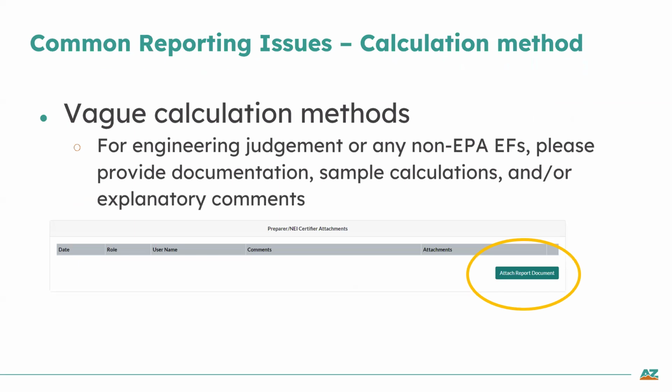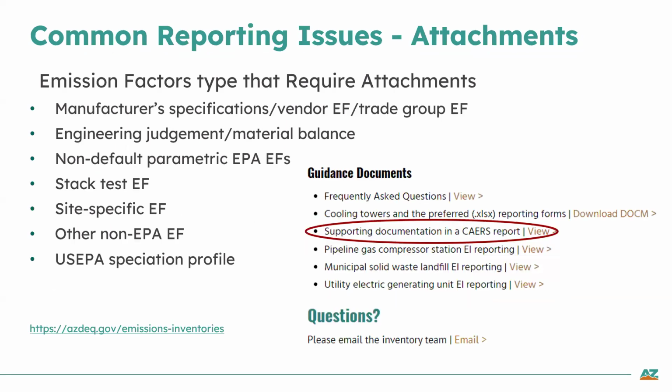Any calculation method other than CEMS and AP-42 should have supporting documentation. If you're unsure what documentation to provide, we have prepared a guidance document to identify the documentation needed for each calculation method. This documentation can be found on our emissions inventory website. Check out our emissions inventory website to learn more about the required documentation for each calculation method.